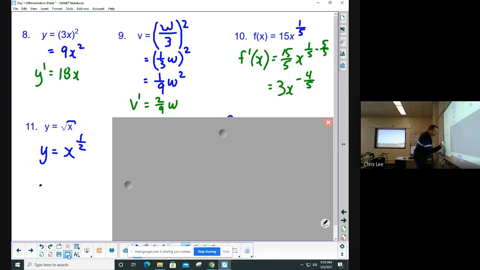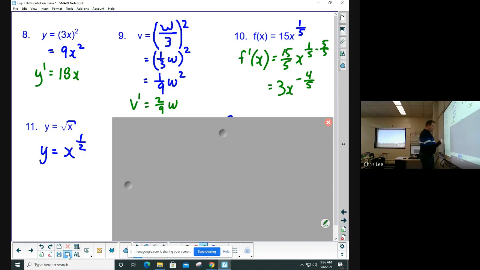If it was cubed root, it would be x to the 1/3. If it was fourth root, it's x to the 1/4. Remember that, we did a lot of that in grade 11. We did a little bit last course, but definitely a lot in grade 11. So we've actually changed this into x to the power of 1/2.